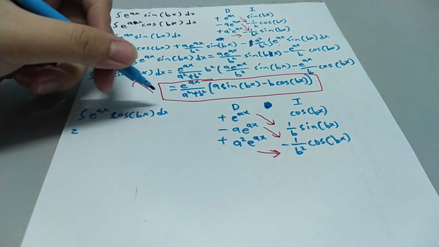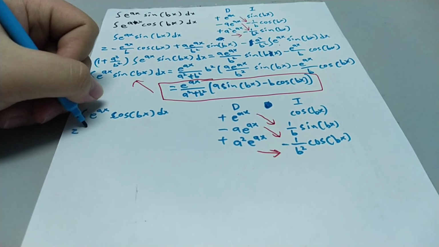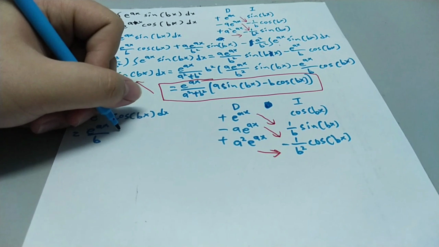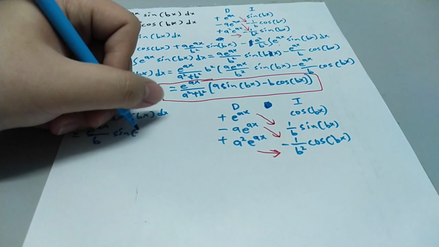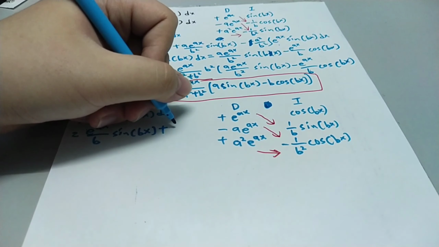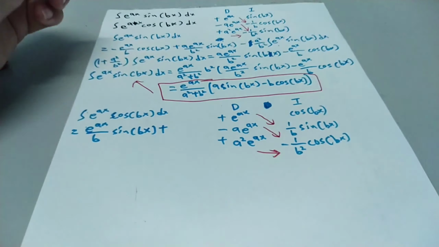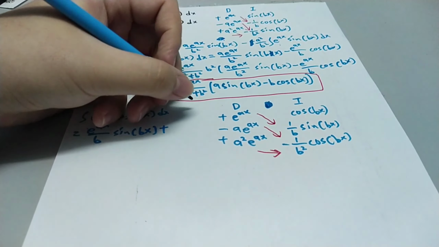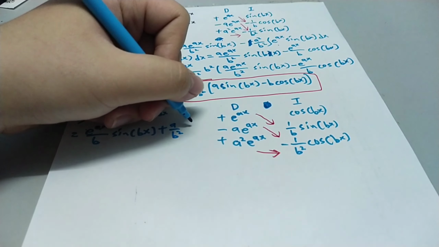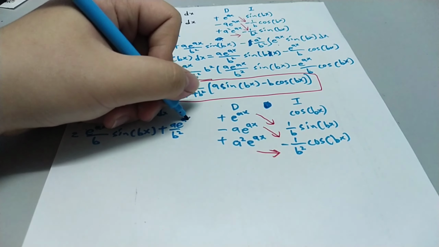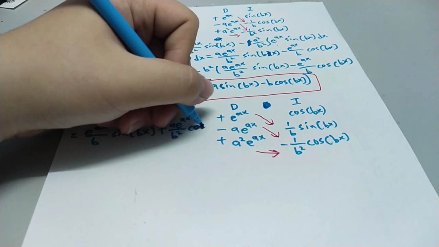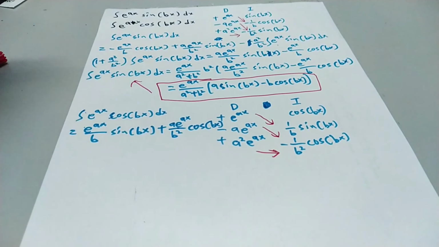So this integral is equal to e of ax over b times sine of bx plus a over b squared times e power of ax times cosine of bx.